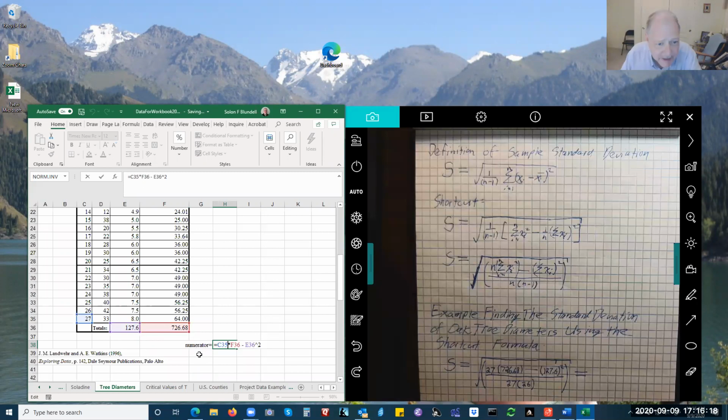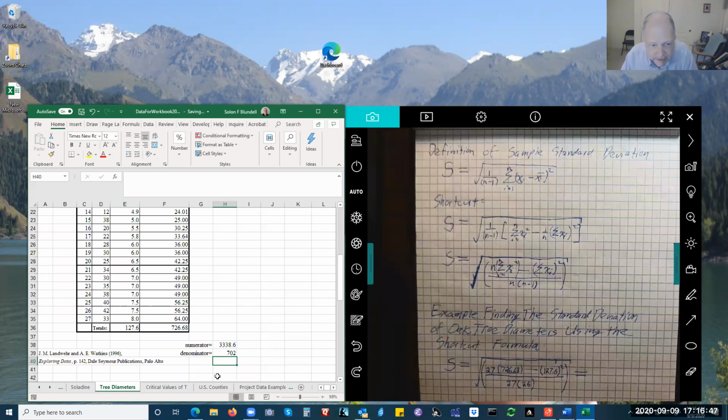And then the denominator, so that's the 27 times the 26. So I'll take this guy times himself minus 1, n times n minus 1. So I get that.